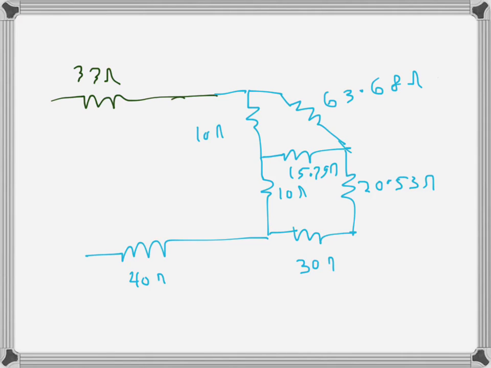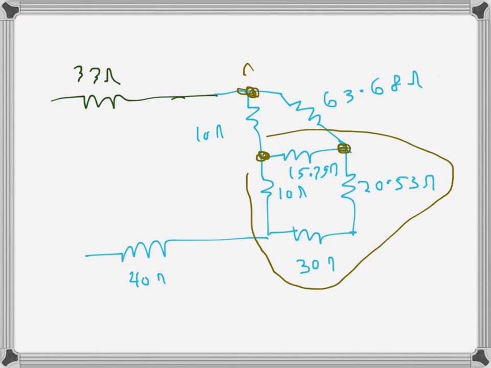Now it's looking like a very classic delta connection. This is one node there, this is another node, and this is the third node. Now I need to convert. I could have done this for the other side as well, because a similar delta is there too, but doing any one will be fine, so I'm just doing the upper one.